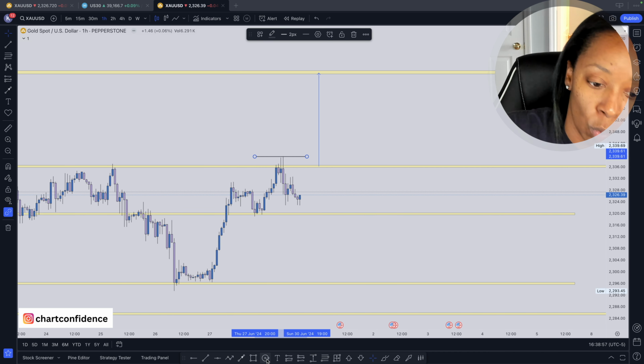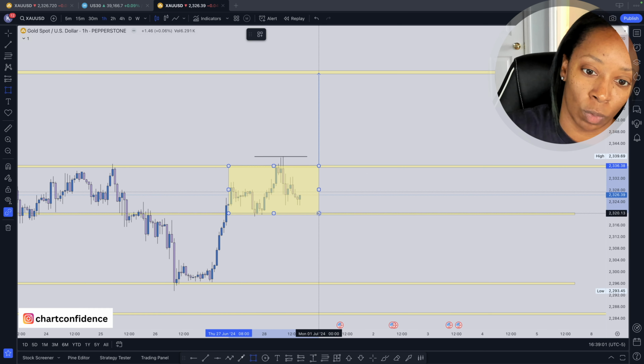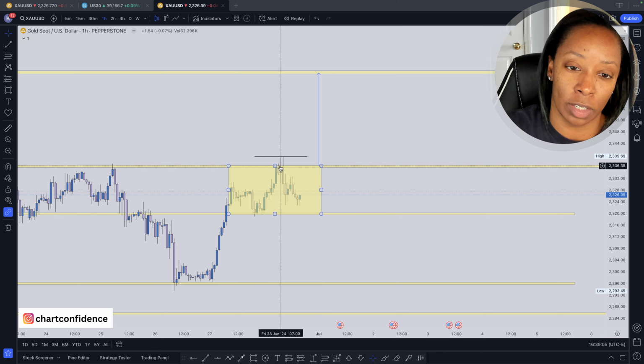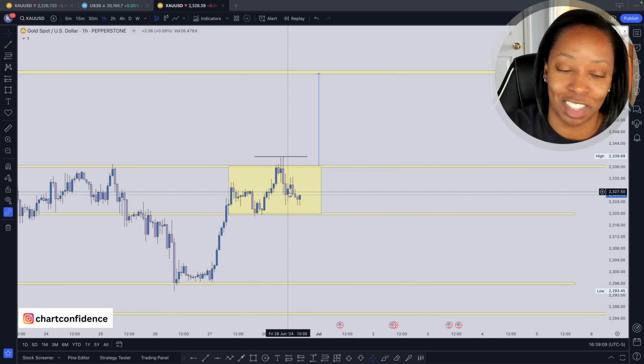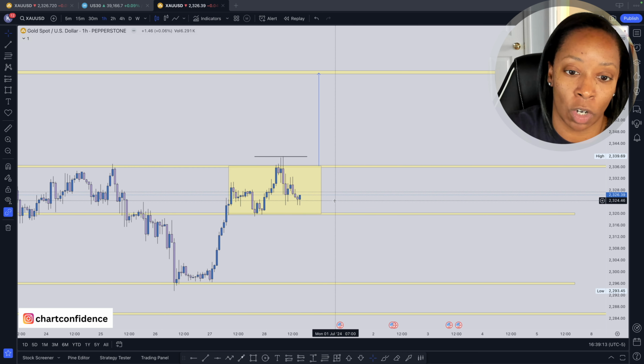So for me, this is going to be roughly a no trade zone right in here, because it's kind of stuck in between this resistance and this support. Granted, you can argue that there are some zones within here, but I really don't want to touch that.